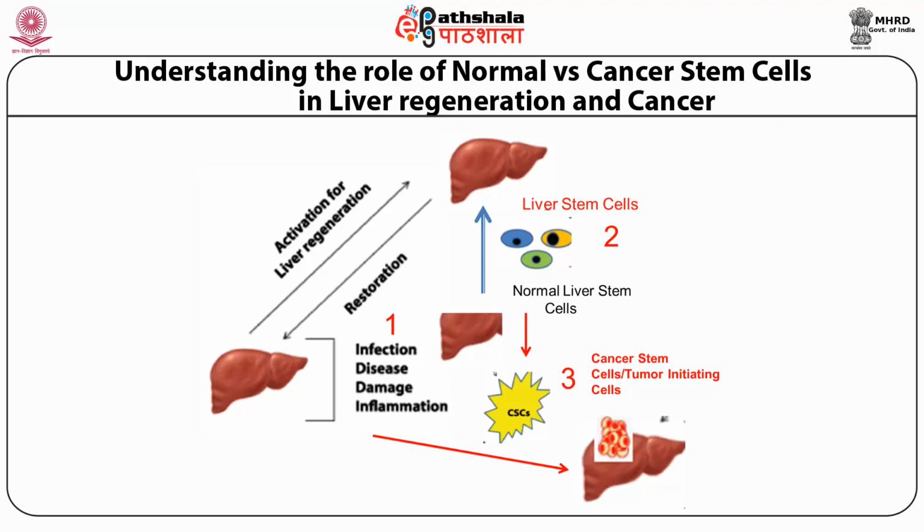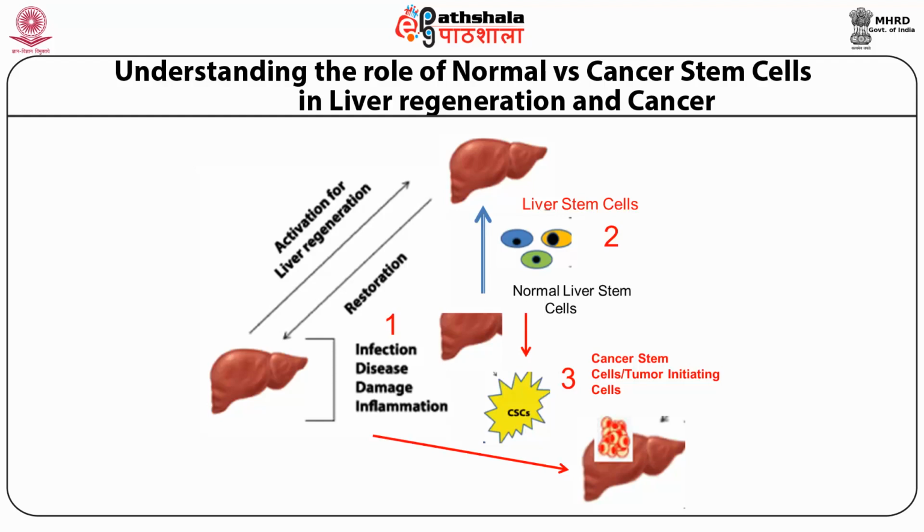In extreme conditions, when the normal hepatocyte division is blocked, then stem cells come into action, as shown in point number 2. And the liver adult stem cells or the hepatic progenitors help in the process of liver regeneration.